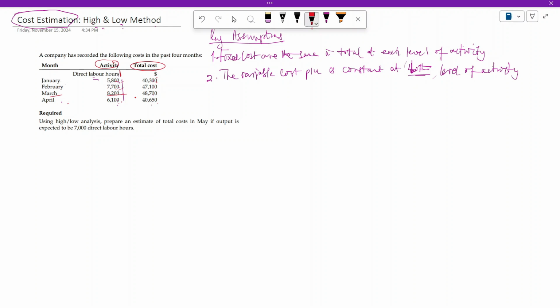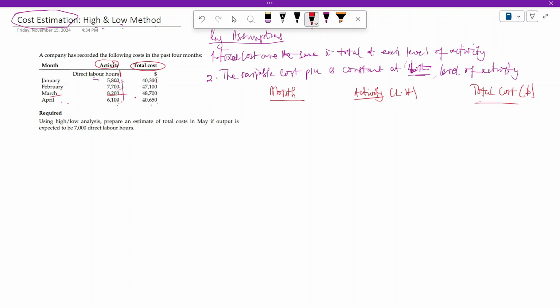So we look at activity, which is labor hours, then we look at the total cost, which is in dollars. Here will be the month.